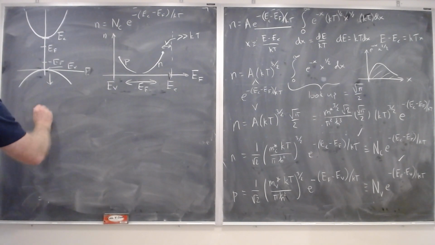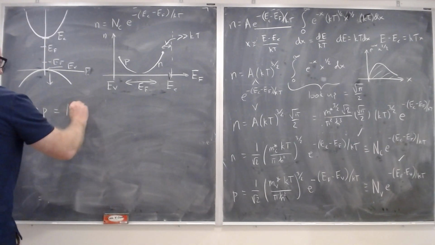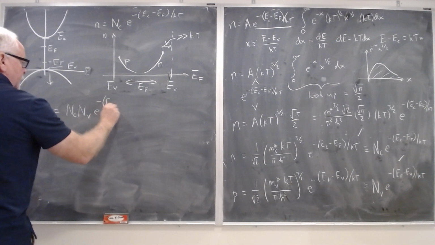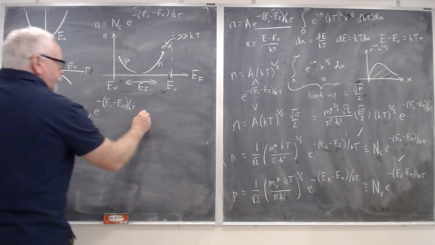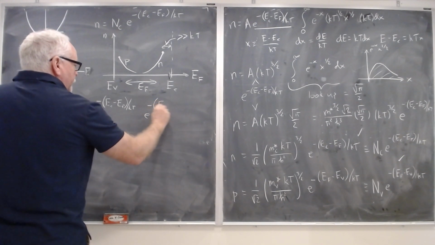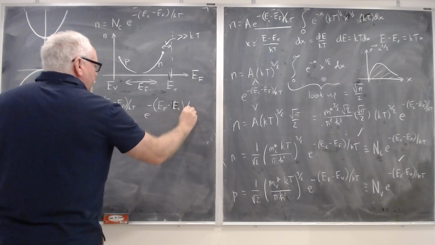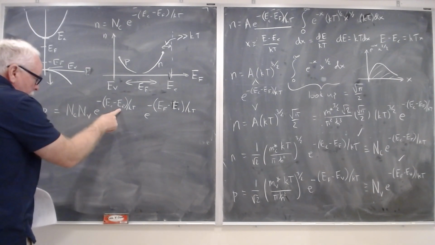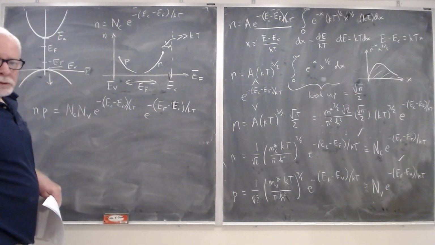N times P is equal to NC NV e to the minus EC minus EF over kT e to the minus EF minus EV over kT, right? I just multiply them together. Now look at it. That EF is a positive. That EF is a negative. They cancel out.